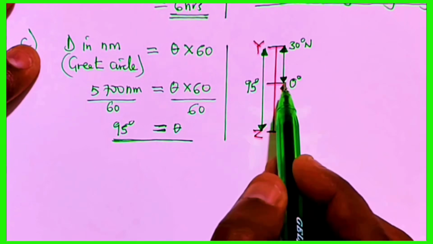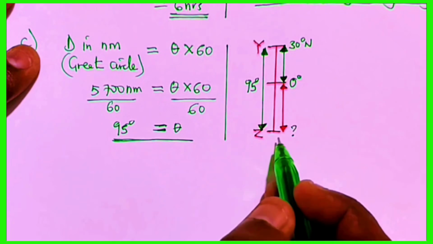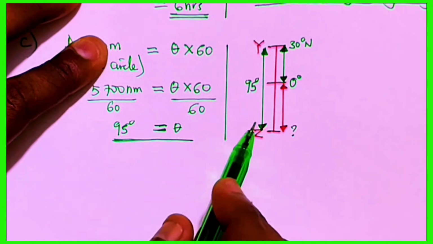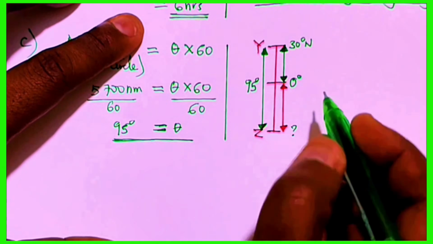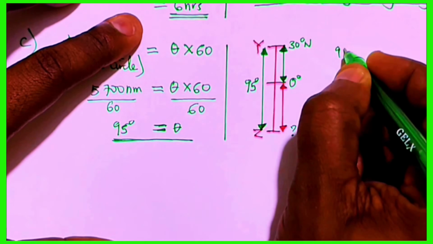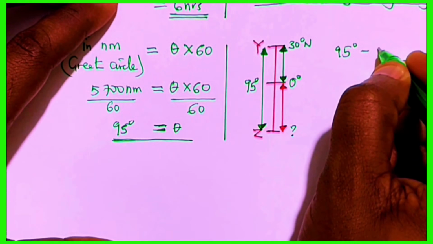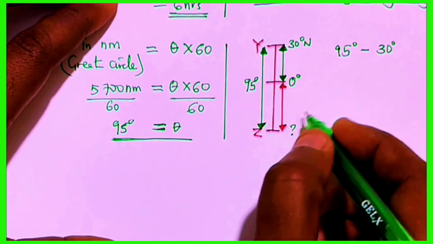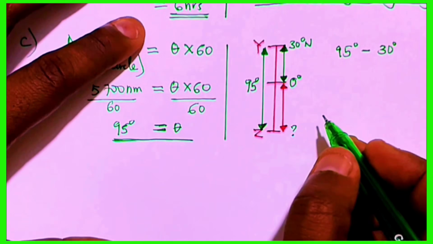So in my representation, I've captured the point Y, which is on a latitude 30 degrees north, and then there will be the equator, and then we are looking for the latitude of point Z, which is on the southern side of the equator. So since the value of theta is 95 degrees, we are going to consider that the red arrow will be equal to 95 degrees subtract 30 degrees, so that we get the number of degrees on the southern hemisphere.